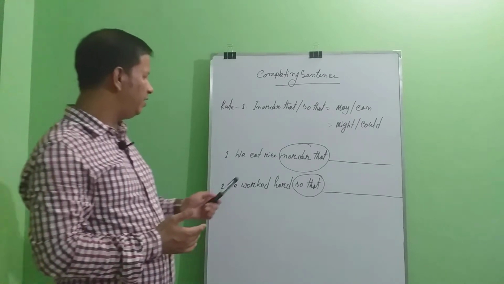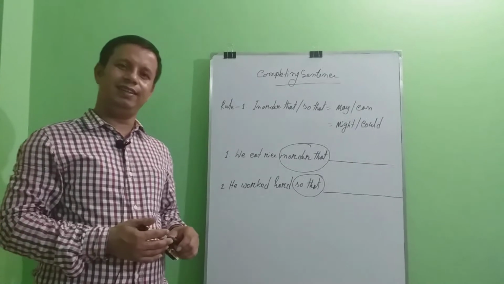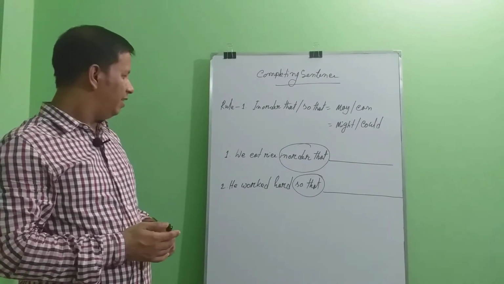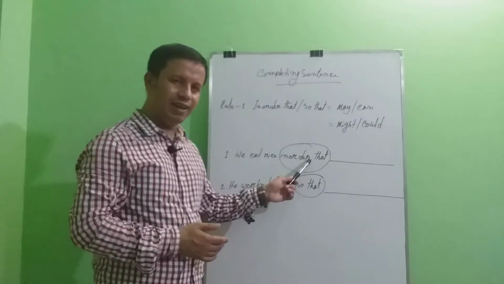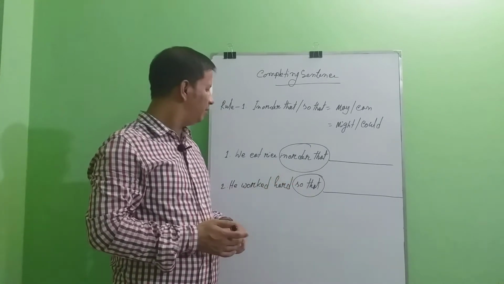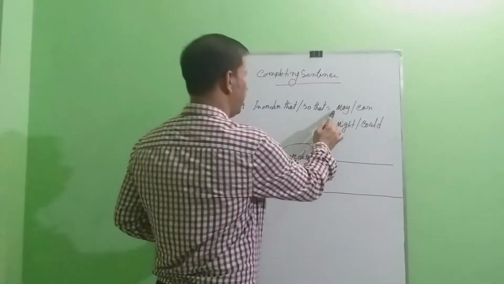So if there is in order that or so that in an incomplete sentence, and if the given part of the sentence is simple present tense, then in this case you can write may or can.